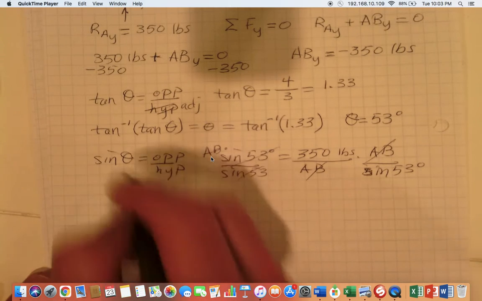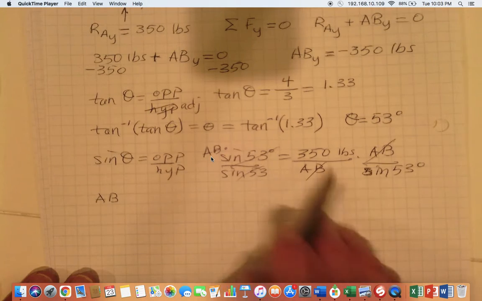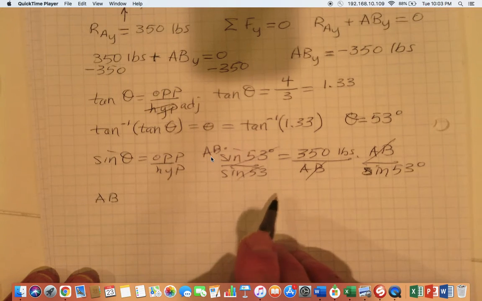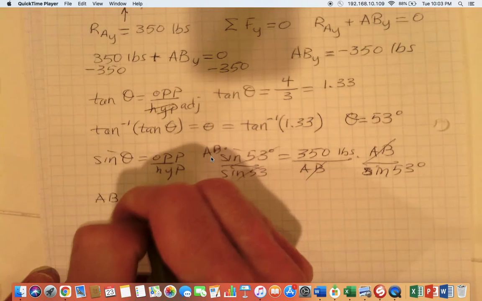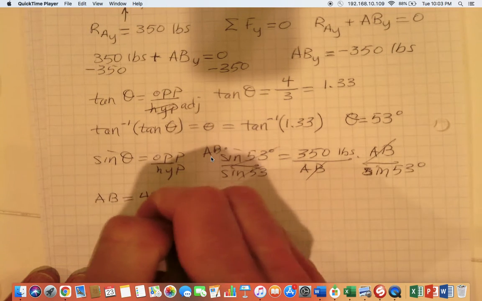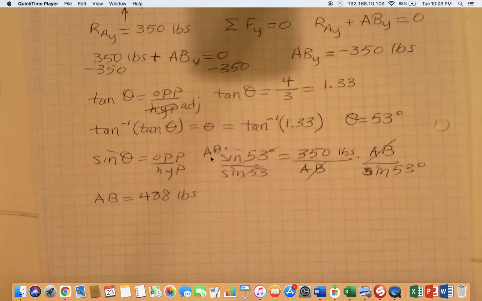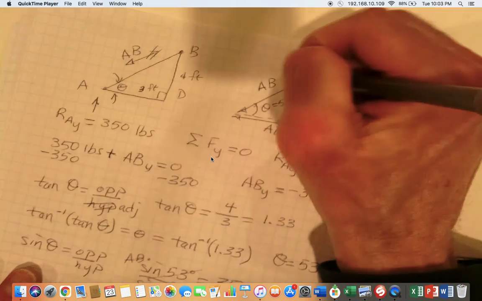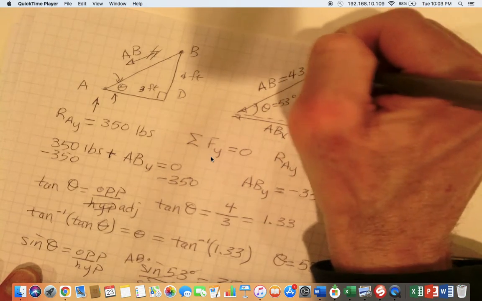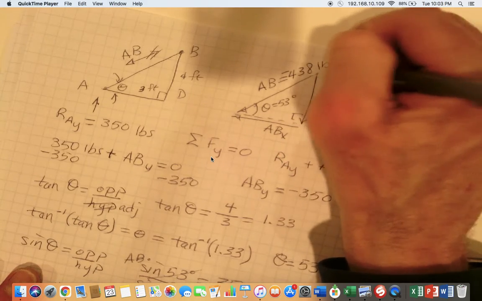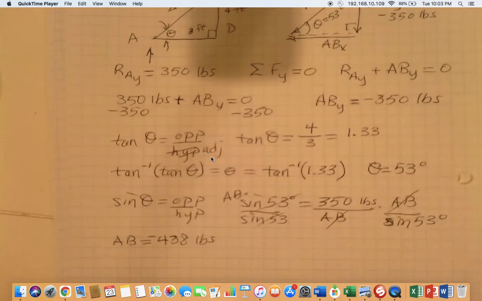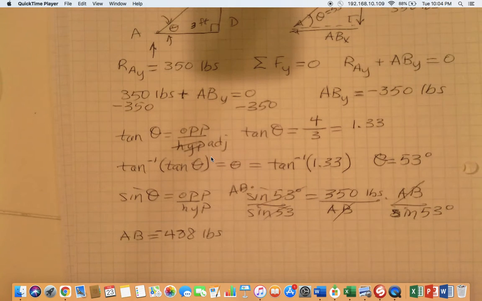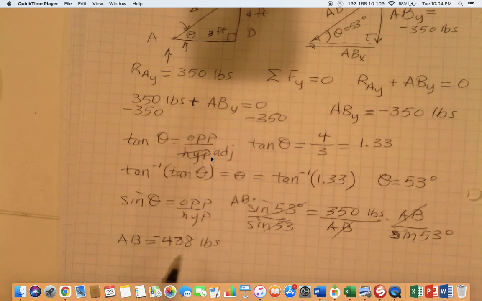And now we have AB is equal to 350 pounds divided by sine 53, or 438 pounds. All right, so now we know the force, and that will be a negative because it's in compression. The force in member AB is 438 pounds. And so if you were a bridge designer, you would choose a beam that would support that weight, that force.